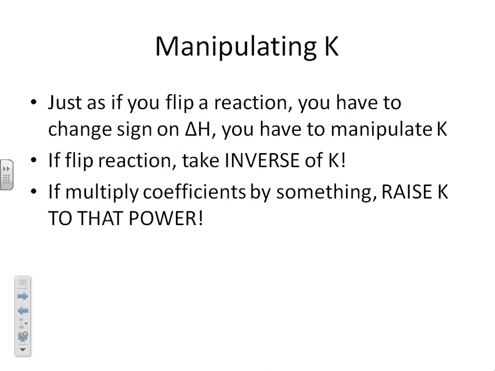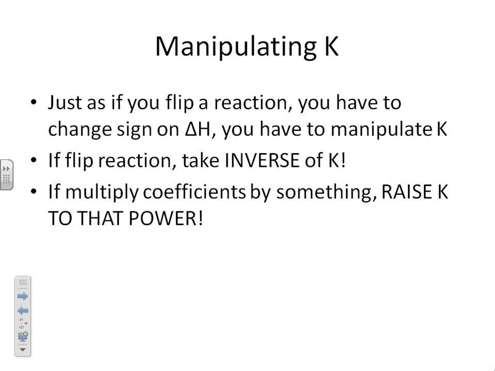If you are manipulating your reaction and you realize you need to multiply your coefficients by something, like double them or triple them or cut them in half, you're not going to multiply K by that value. Instead, you're going to raise K to that power. The reason is that you need to think about, where do coefficients affect K?